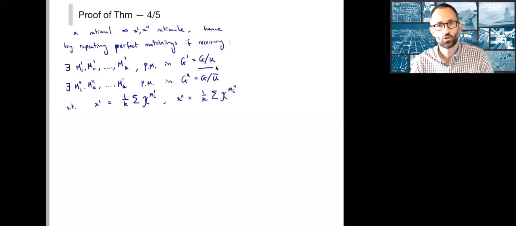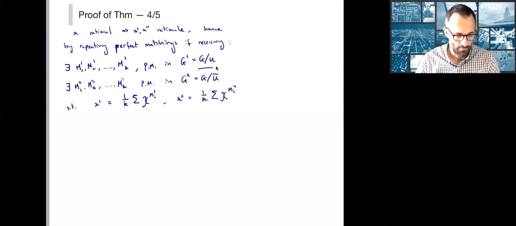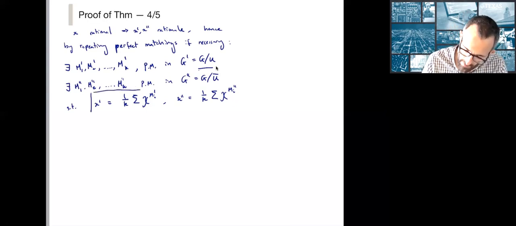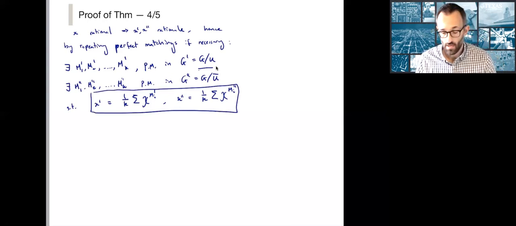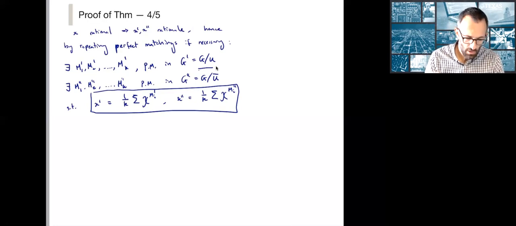So, just convince yourself that this is the case, and that I can take the same K in both, potentially by allowing myself to repeat matchings as necessary. This is the consequence of having shown that X dash and X double dash are in the perfect matching polytope for a smaller graph, G dash and G double dash, and therefore I can write them in this way. Okay, so here's a key point.